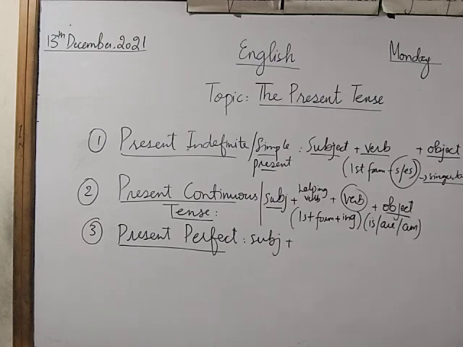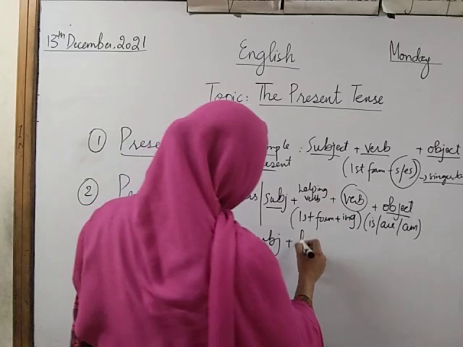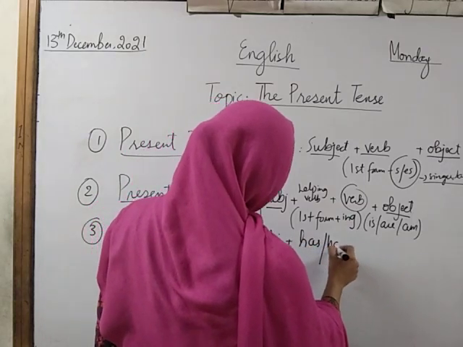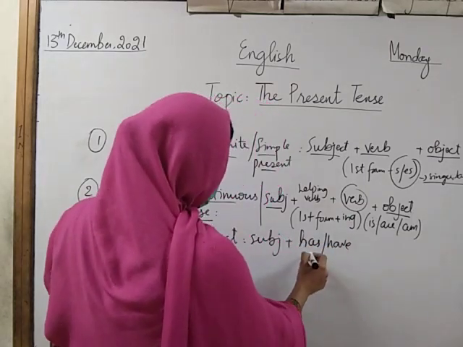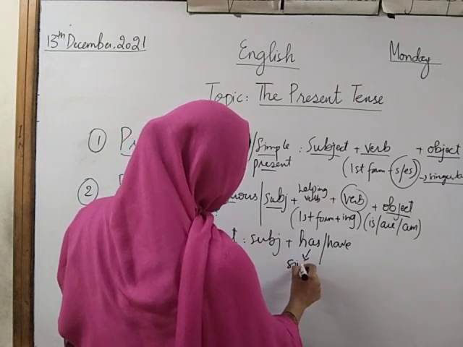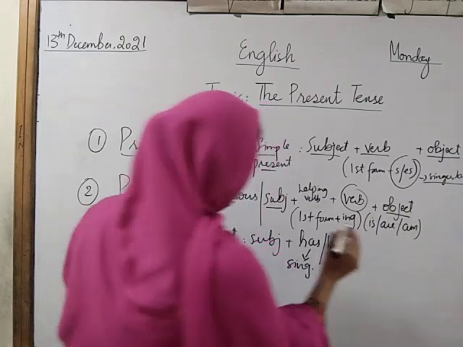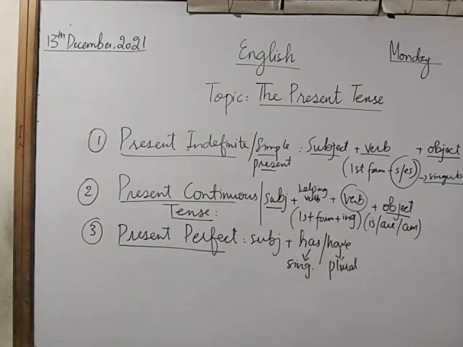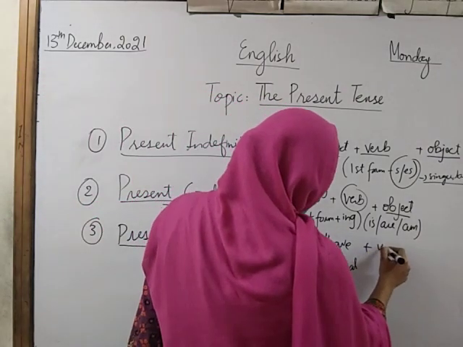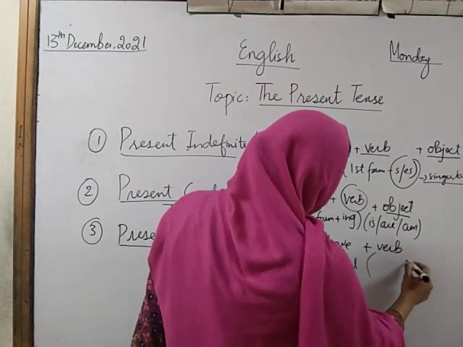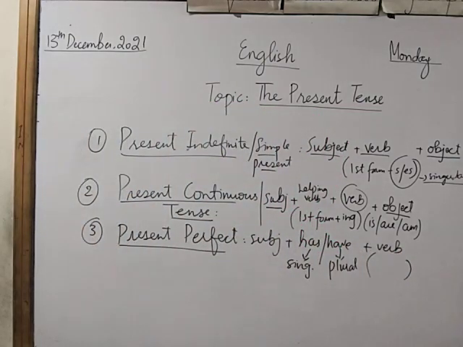Good. The present perfect tense has a helping verb of has and have. Has is used for singular subjects. Yes, good, very good.